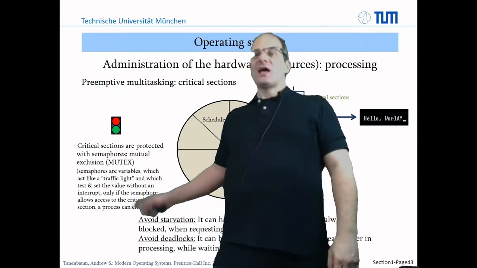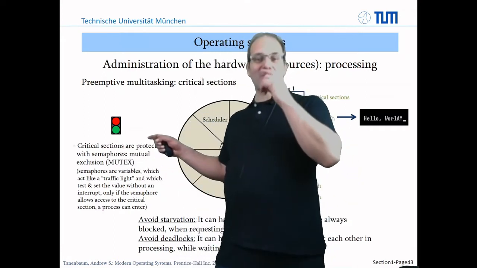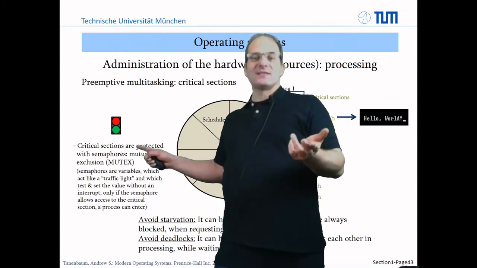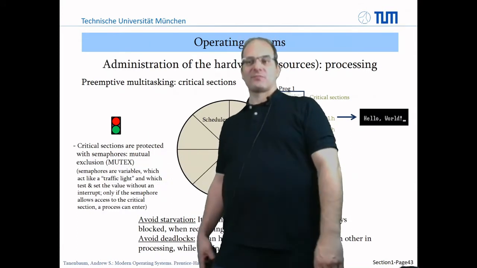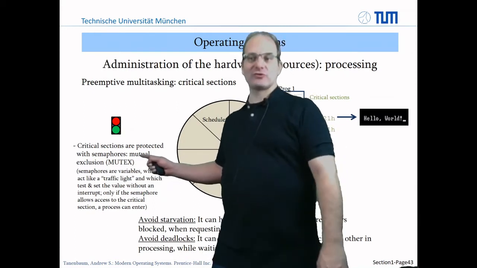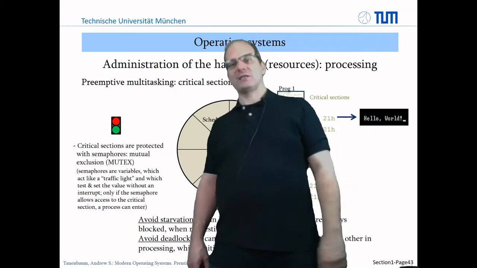Therefore there are special mechanisms which are called semaphores or mutexes. So mutual exclusion, mainly used in graphical user interfaces. Semaphores are in the lower level operating system stuff.